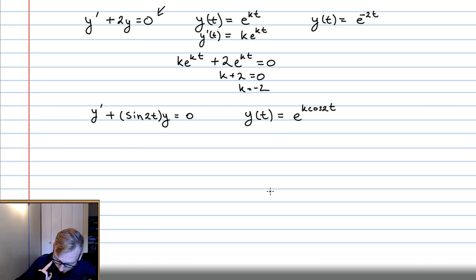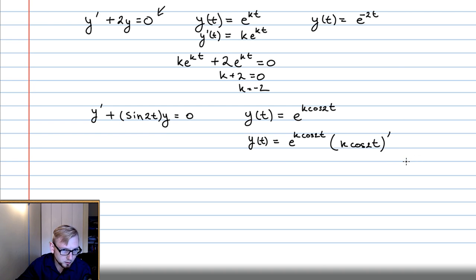So what are we going to do? Well, let's first start by taking the derivative of this function, y of t. Now the derivative of this, if you remember the chain rule, is going to be e to the k cos of 2t times the derivative of k cos of 2t.